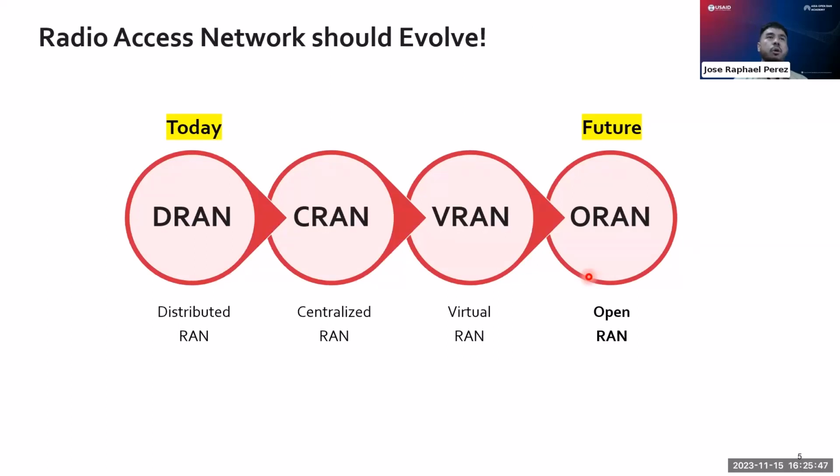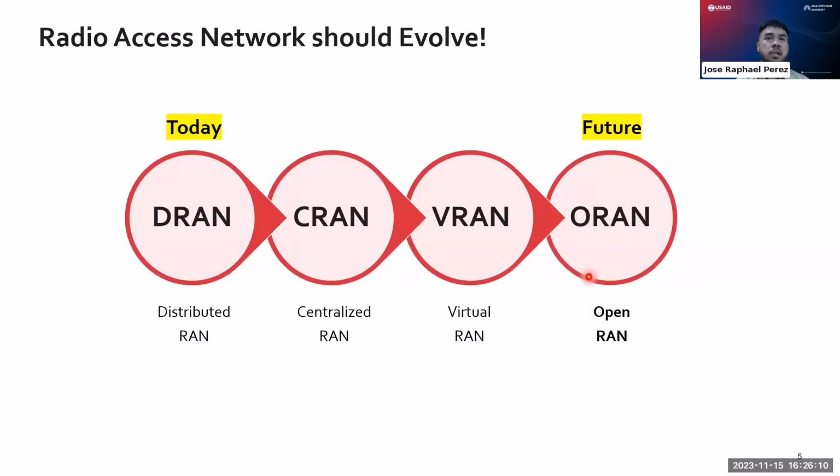All of the components, the BBU, the RU, and the antenna, are on site. In order to achieve Open RAN, there are some steps we need to take to fully realize its benefits. First, we need to centralize some components of the radio network.